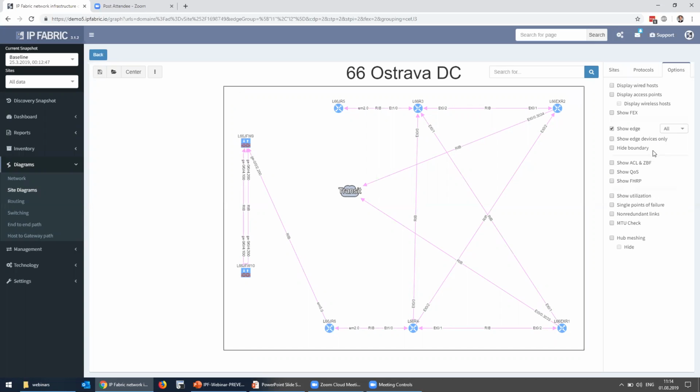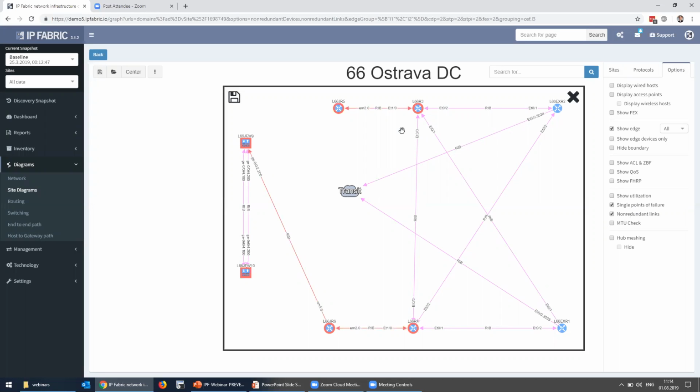And we can check that by looking at the options for single points of failure and non-redundant links.